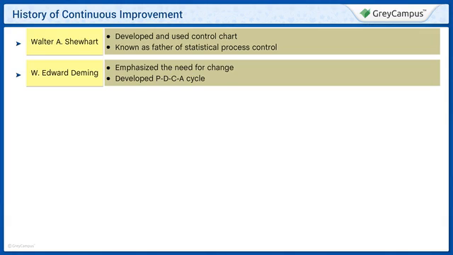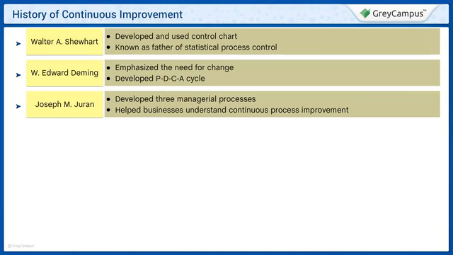W. Edwards Deming developed a list of 14 points in which he emphasized the need for change in management structure and attitude. He developed a plan, do, check, act model, which is also known as Deming's Wheel.